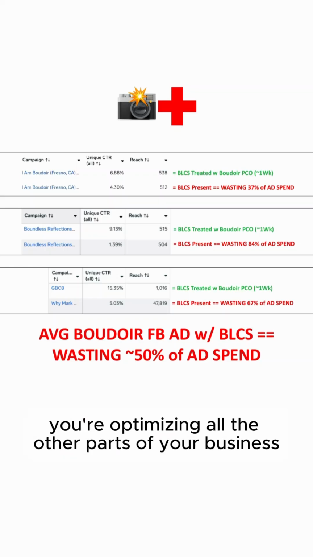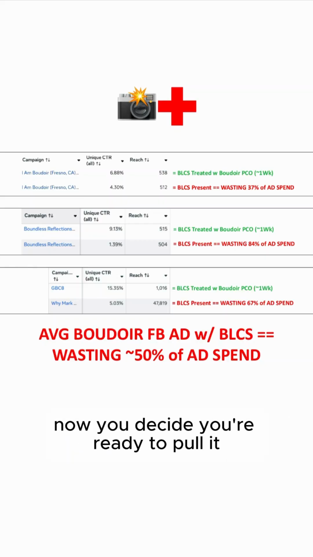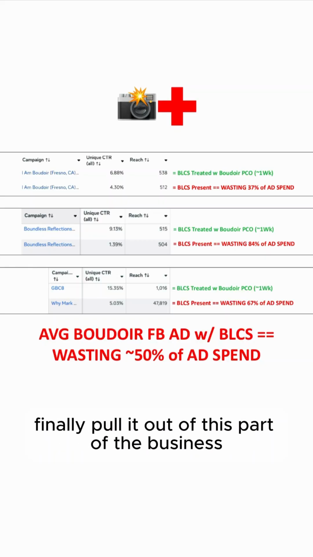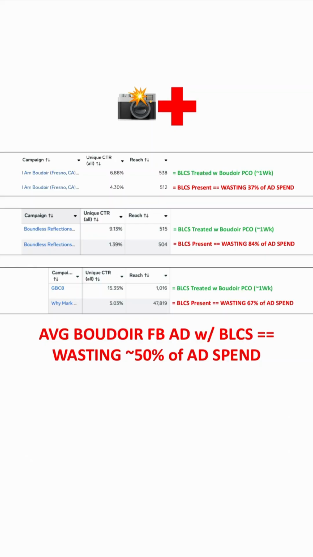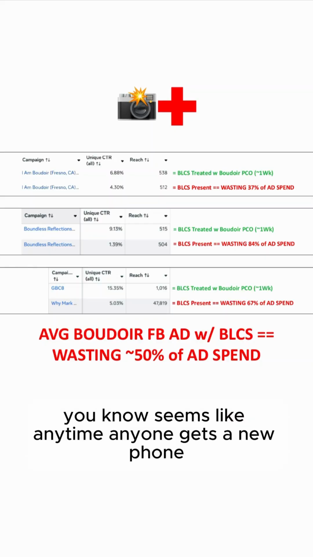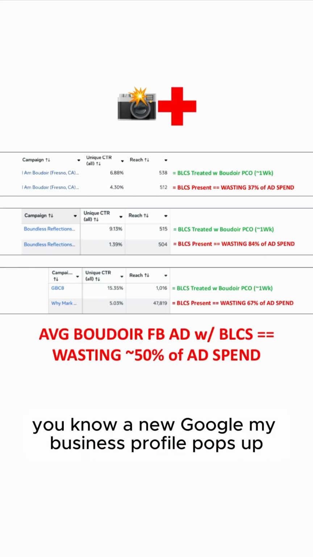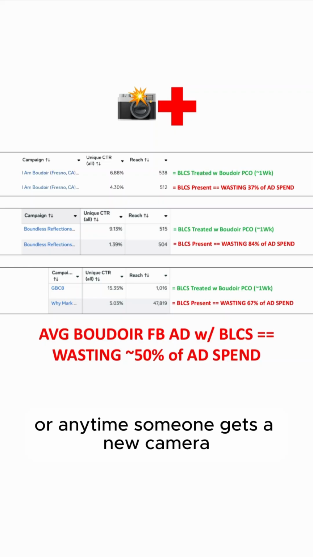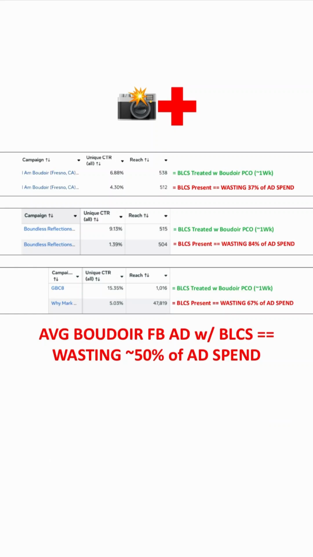And you're optimizing all the other parts of your business, pulling money out now. You decide you're ready to finally pull it out of this part of the business because you see more women joining. You know, seems like anytime anyone gets a new phone, you got more boudoir photography. A new Google My Business profile pops up, or anytime someone gets a new camera, there's more posts in the mom groups for the $50 shoots.